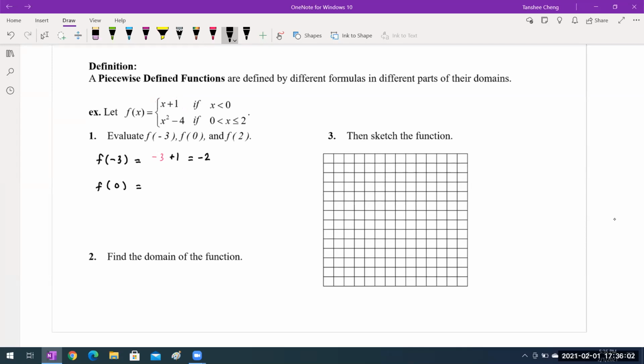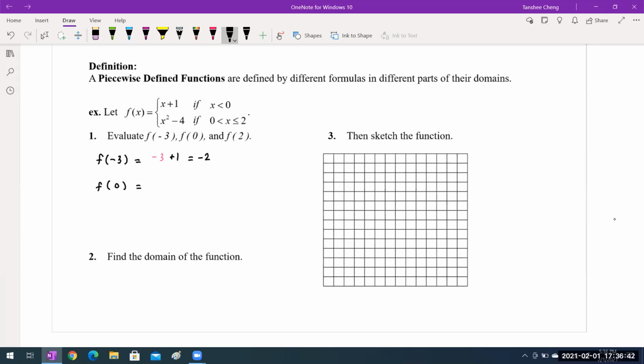So when I take a look at this and determine which part of the formula I need to use, I have to go back to the restricted domain again. The first part of the formula is telling us only if the value of x is less than 0. So it's not including 0. So I cannot use this formula to evaluate f of 0. Now, when I look at the second part of the formula, x squared minus 4, this formula can be used when the x value is between 0 and 2, including 2, but not 0.